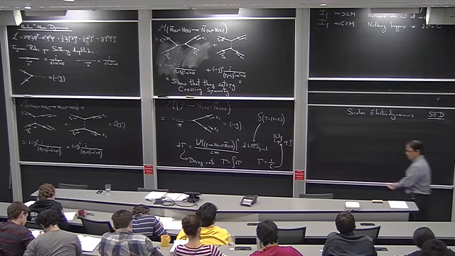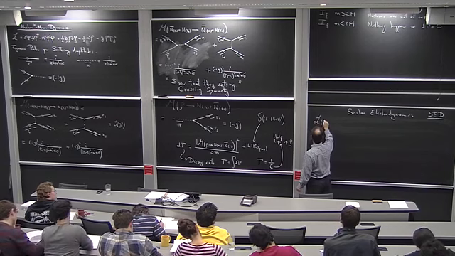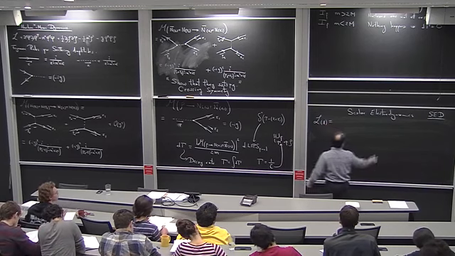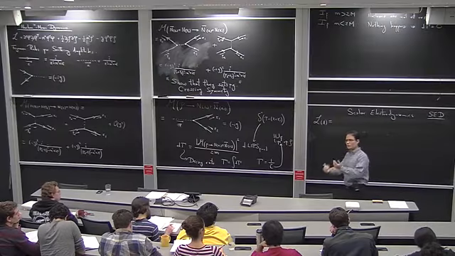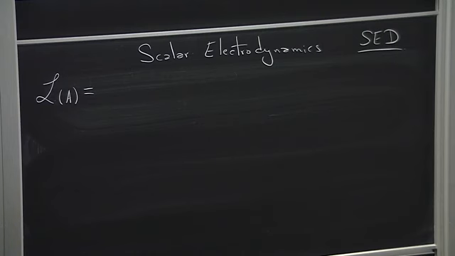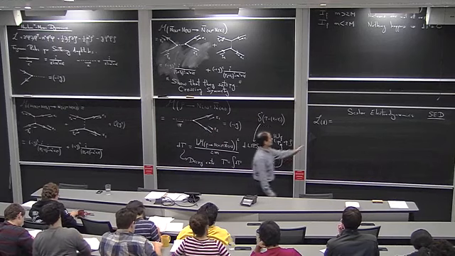Good. So what do we do? Well, we start out with our Lagrangian. Well, as you see from the name, what are the fields that we're going to try to put together? A scalar field and our Maxwell field, right?